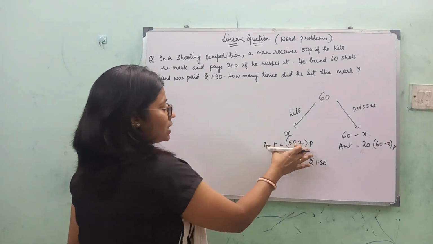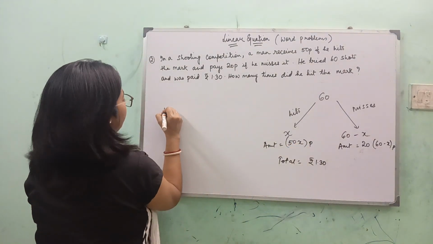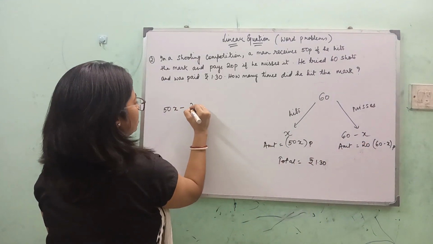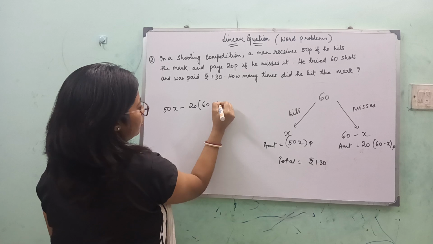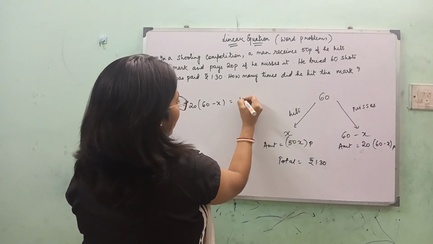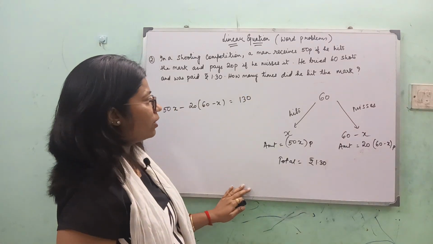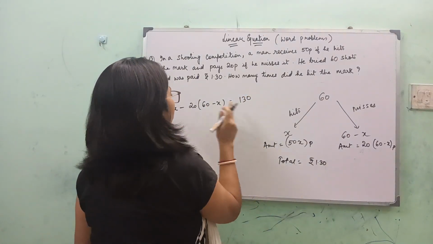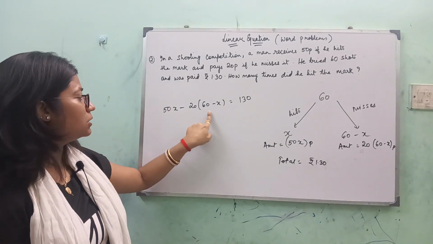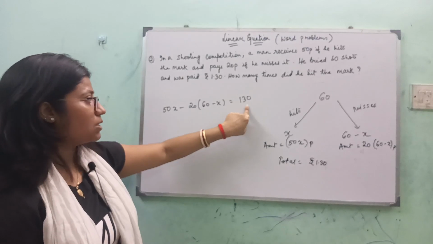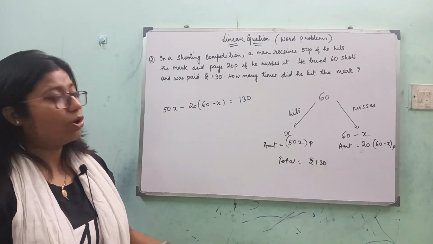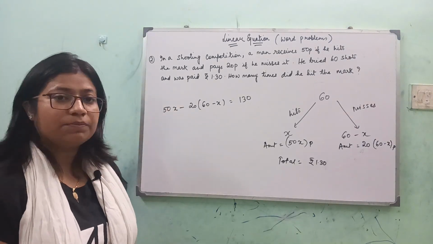So see, this amount that he has obtained, 50x, and this amount that he has lost, minus, is equal to how much? 130. Now what is 130 and why not 1.30? Because both sides of the equation should have the same units. So this is paise, so this has to be paise. So 1.30 converted to paise is 130 paise, or you could have changed these two into rupees.